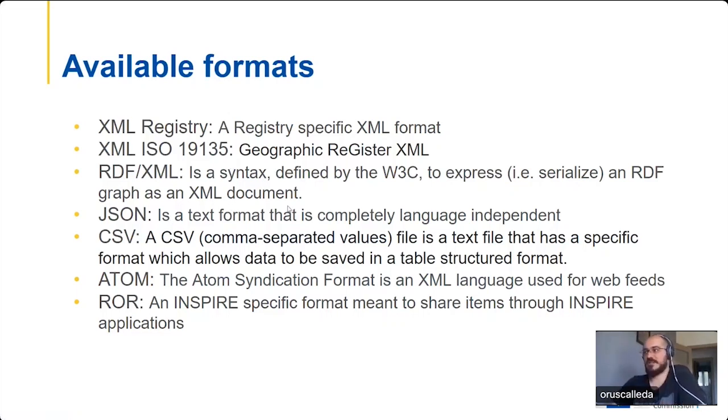JSON is a text format completely language independent, very used to share information between systems. A comma separated value, CSV, is a text file that has a specific format that allows data to be saved in a table.